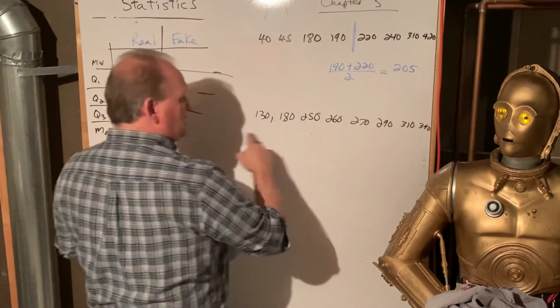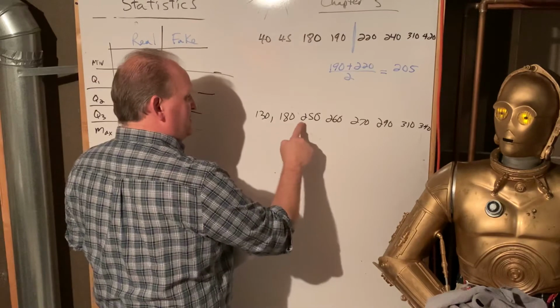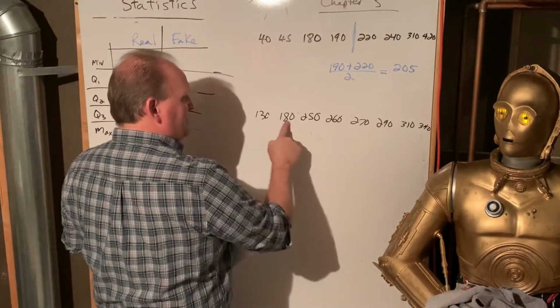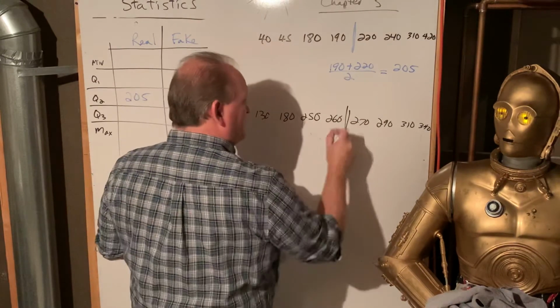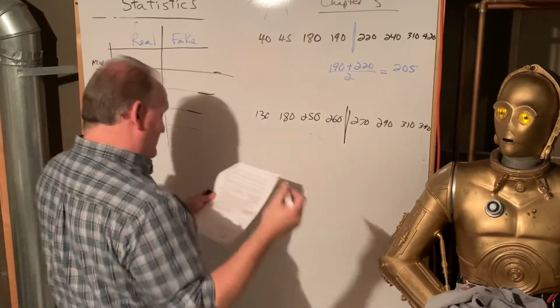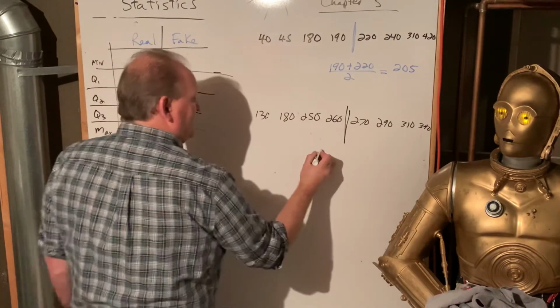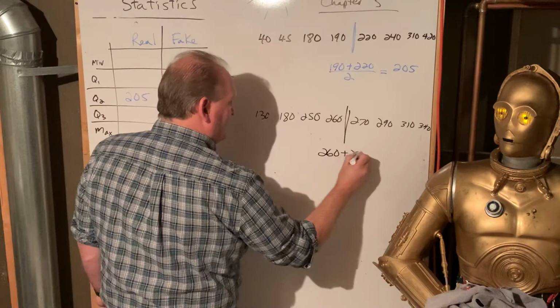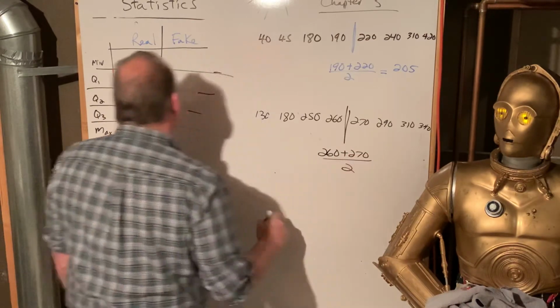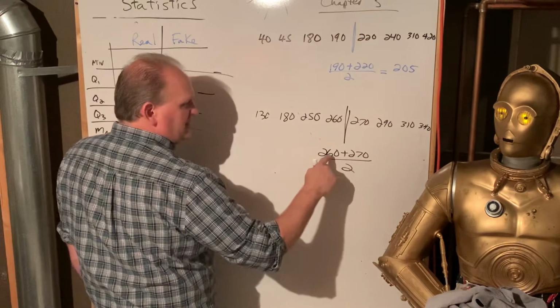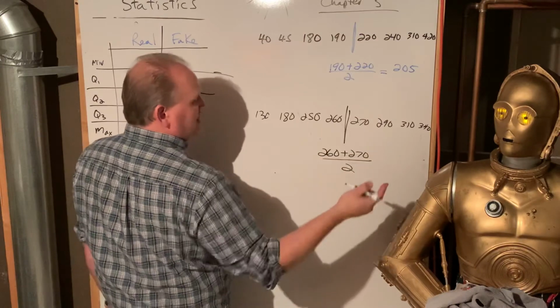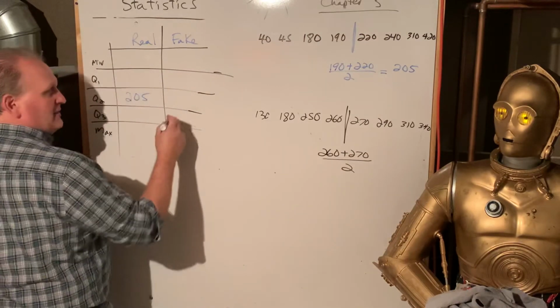And so for the fake, there's also just 8 pieces of data. So between 260 and 270, that one we could do in our head, right? 265. You'd add 260 plus 270 and divide it by 2. Remember, if you're putting this in your calculator, hit 260 plus 270, hit enter, and then divide by 2. That'll be 265.